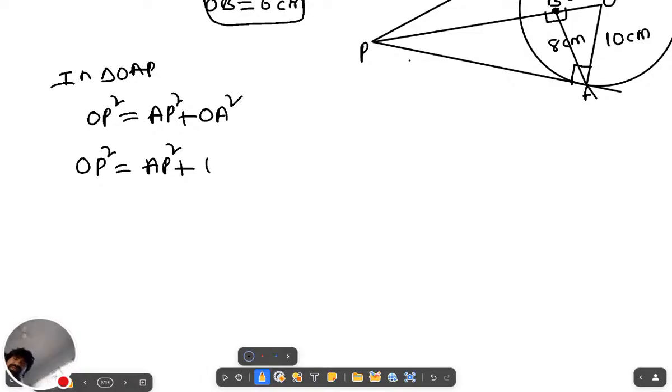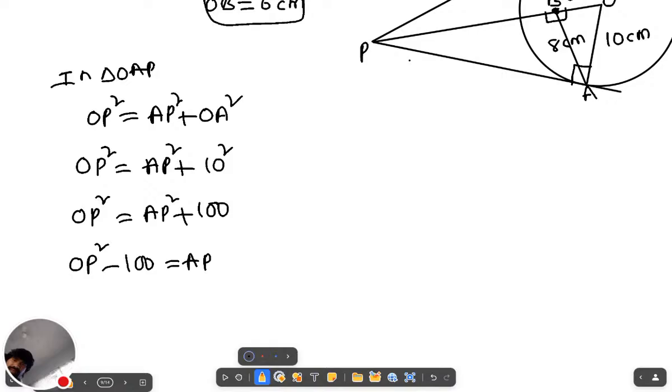OA is 10, so 10 square. So OP square is equal to AP square plus 100. Bring that 100 to the left side. OP square minus 100 equals AP square. Let this be equation 1.